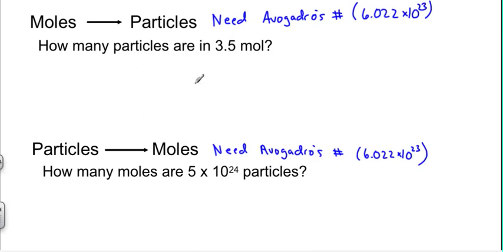So what we're going to write down is our 3.5 moles, trying to figure out how many particles, atoms, or molecules are in this amount of moles, 3.5. So I'm going to do my stoichiometry, my dimensional analysis. I'm going to put moles on the bottom so it cancels. I'm going to put particles on top.